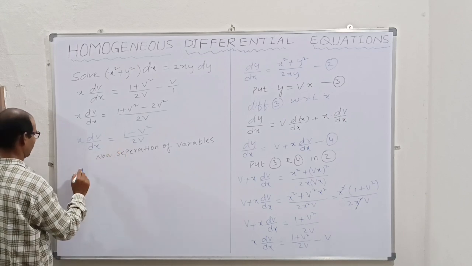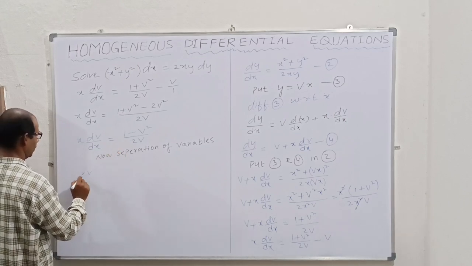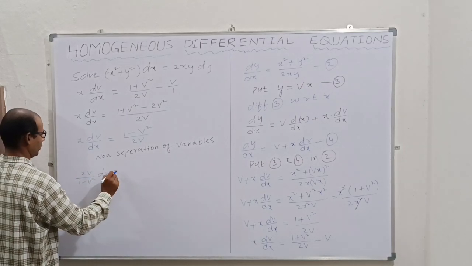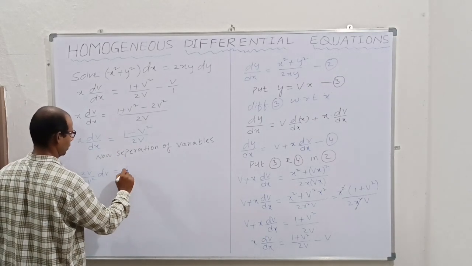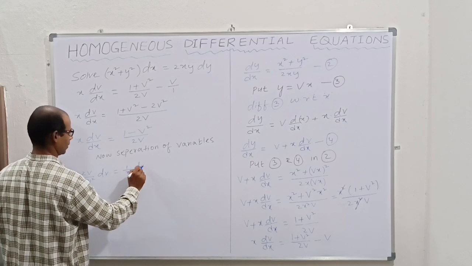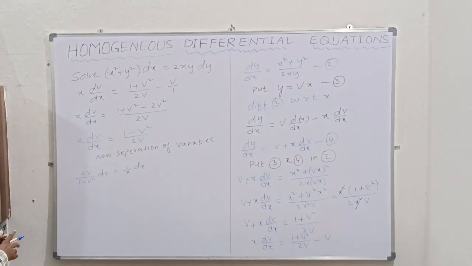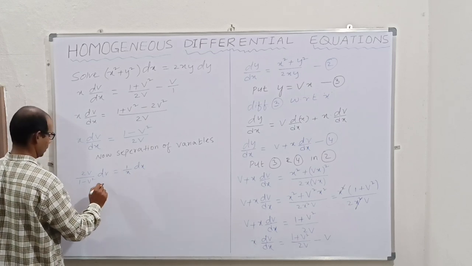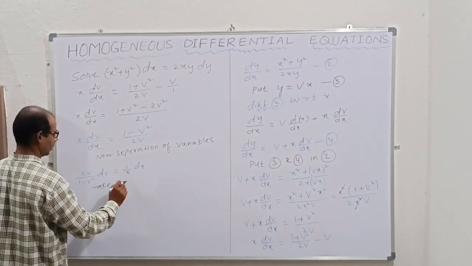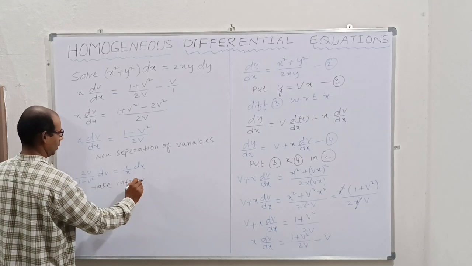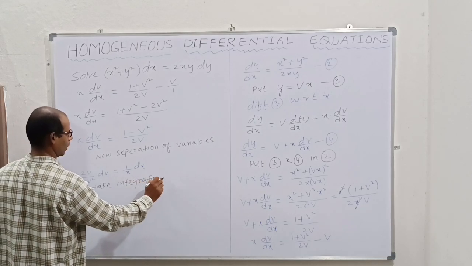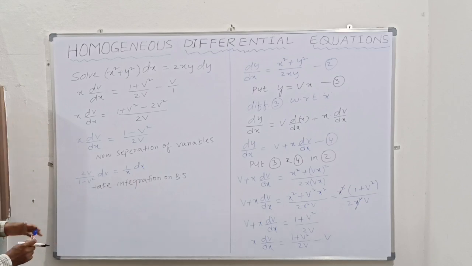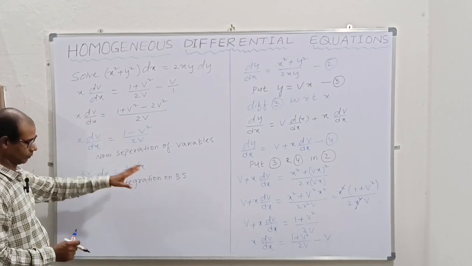So therefore 2v upon 1 minus v square dv is equal to 1 upon x dx. So now what we have to do, take integration on both sides.